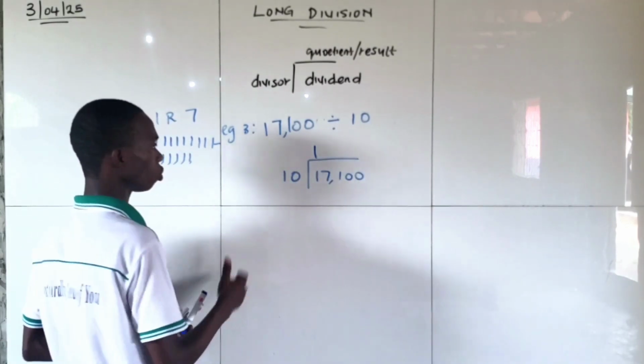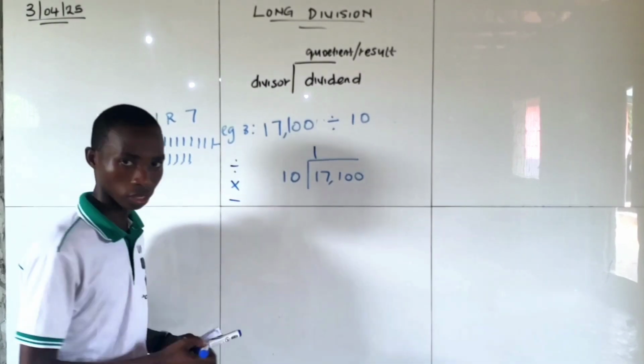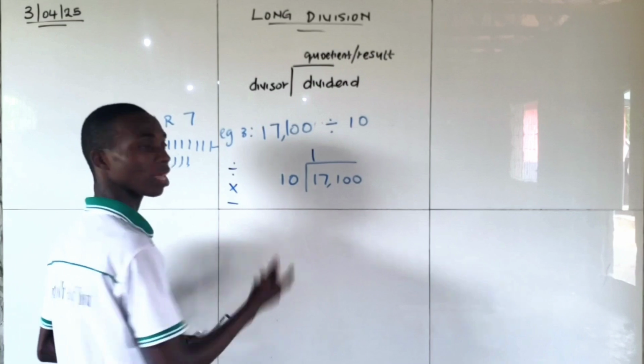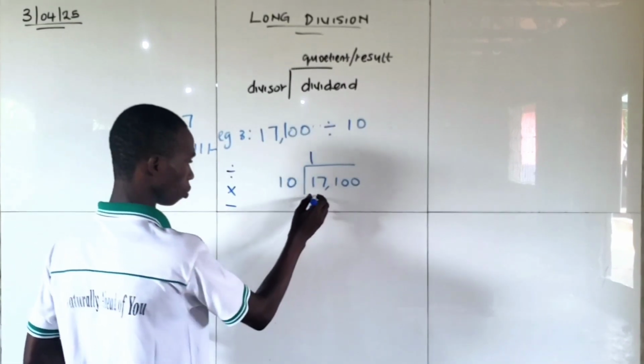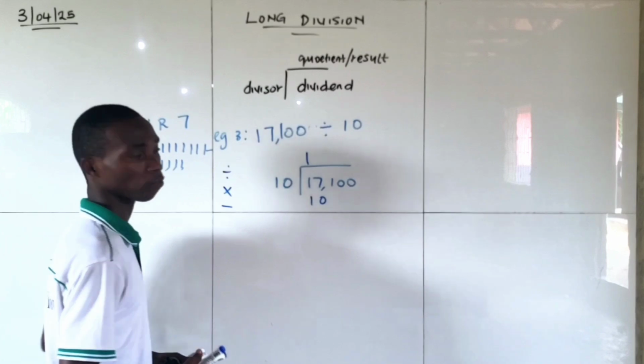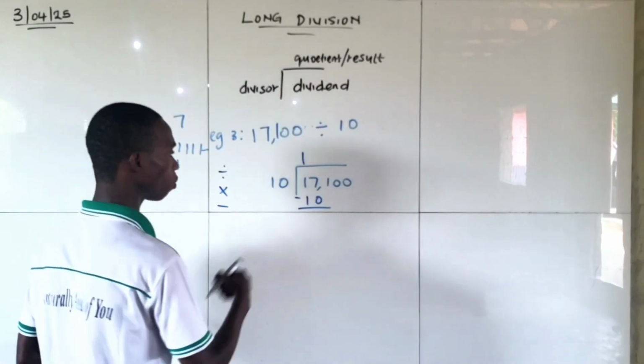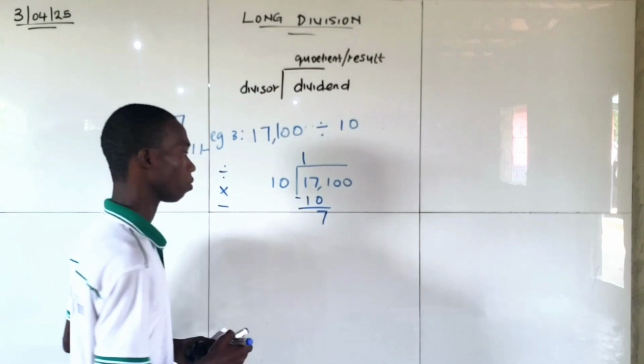And now, let's continue. After division, we multiply and then we subtract. So 1 times 10 will give us 10. So we'll put 10 under the 17, and we'll minus it. 17 minus 10 will give us 7. Bring your 7 down here.